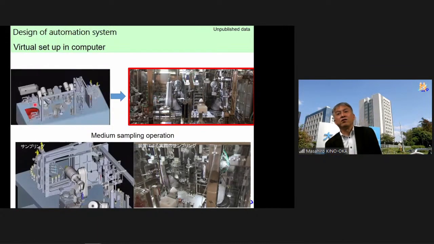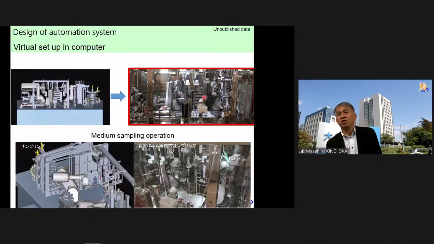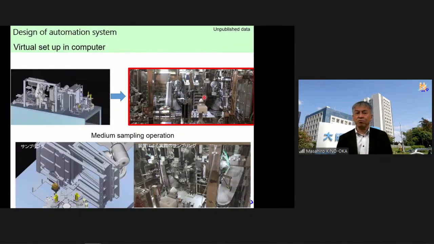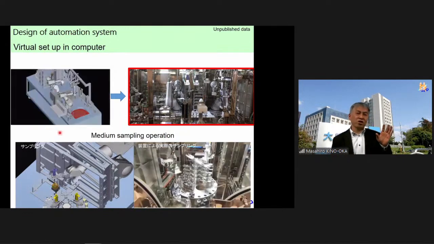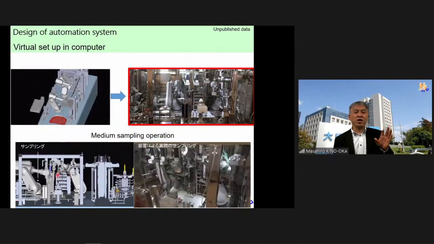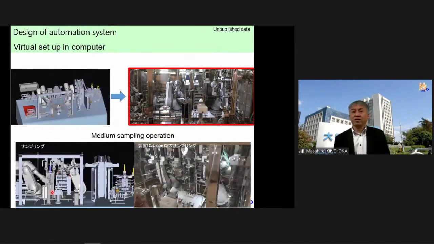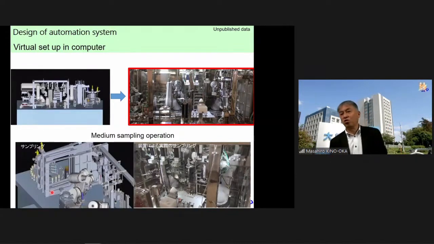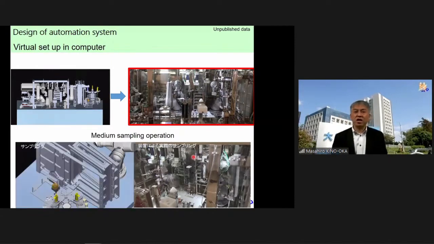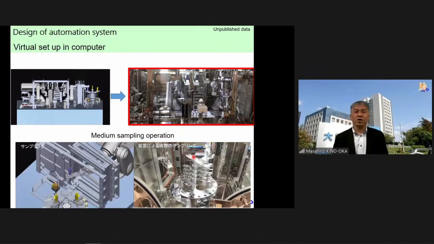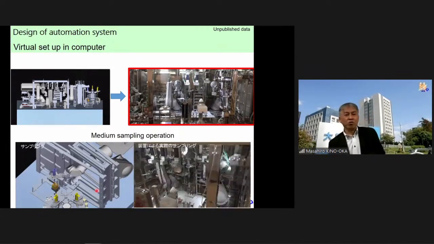After checking the positions, we install the many devices practically. And also using this virtual system, we prepare some motion checking in advance, and we install it into the practical machinery system. This is a kind of sampling operation from one module to another module.